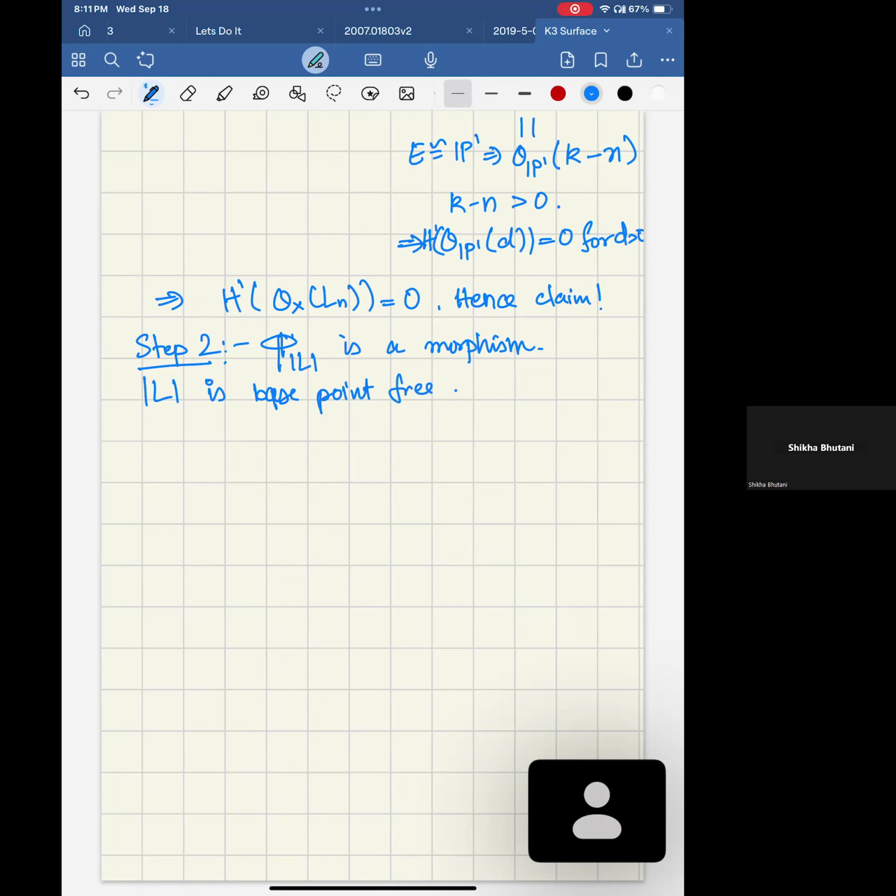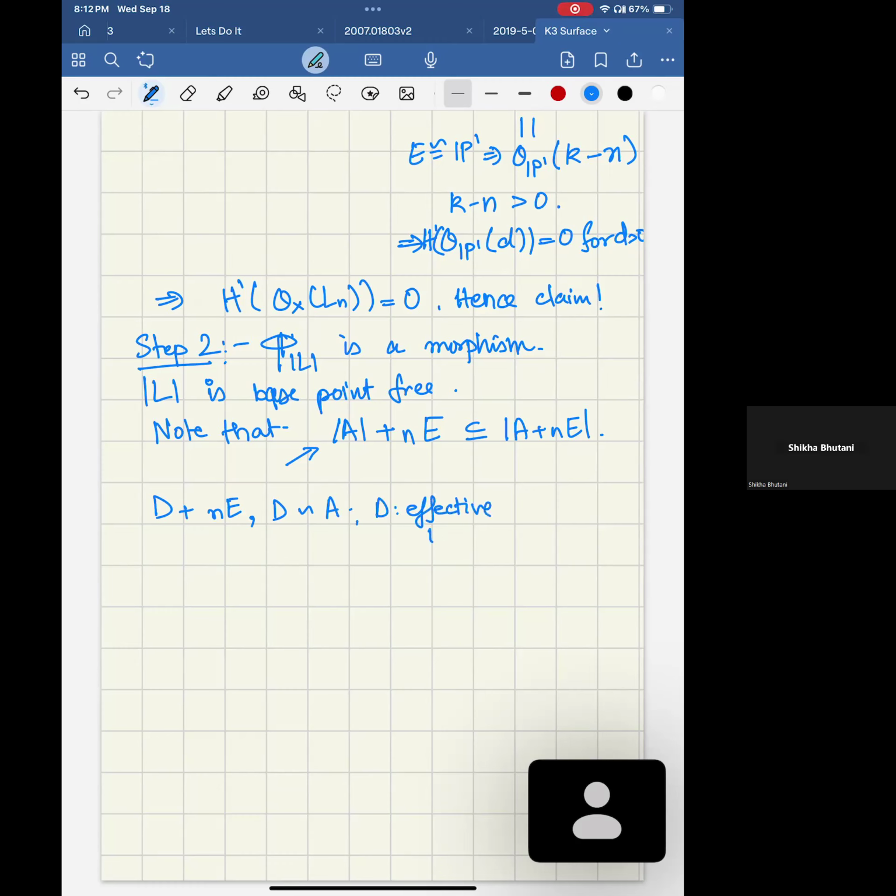Right? Note that the linear system of A plus n times E is indeed contained inside the linear system of A plus nE, isn't it? Let's say you take some element from the left hand side. It's going to be of the form D plus nE, where D is linearly equivalent to A and D is effective, right?